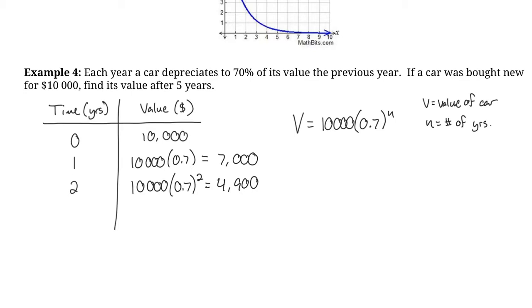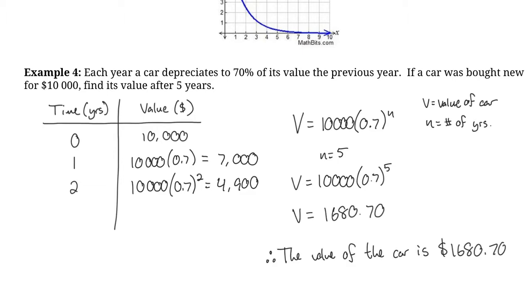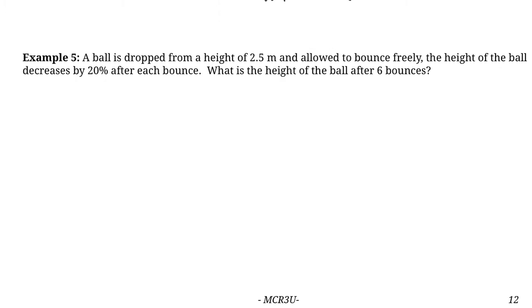So we're looking for the value of the car after 5 years. So that means we need to substitute n with 5. And when we put that into the calculator, we get that the value of the car after 5 years is equal to $1,680.70.